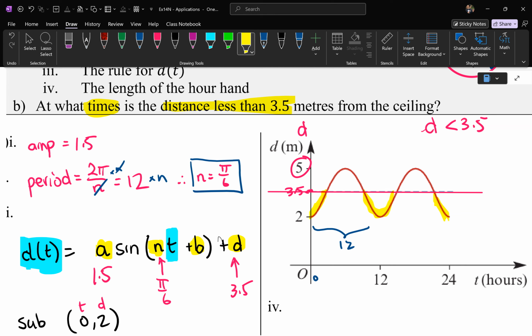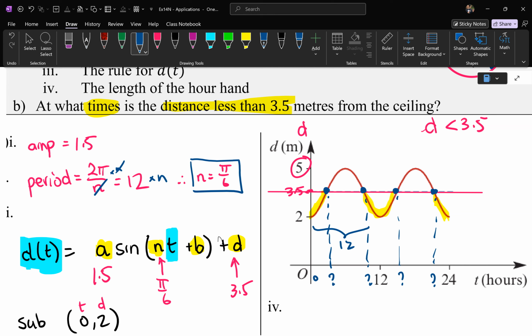So when I say what time, this is your t-axis. I'm asking, at what times? You see, at this point, when it's equal to 3.5, it's between 0 up until this point. What time is that?